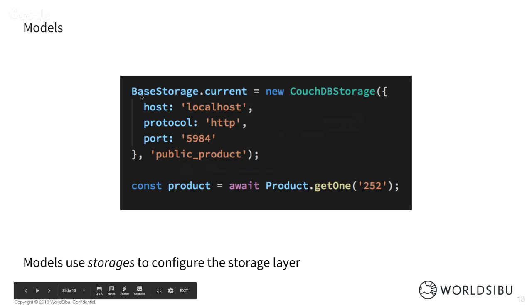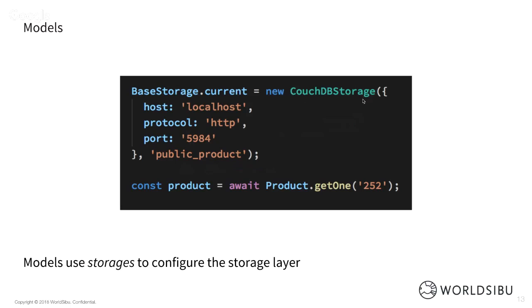The way you configure a new storage is, for example, here you set the base storage current to whatever object you need. In this case, we have a CouchDB storage. The CouchDB storage is used in Hyperledger Fabric to query the CouchDB instance that Fabric creates per each node in the network. Fabric creates this CouchDB replicating the actual state of the ledger alongside the peer.